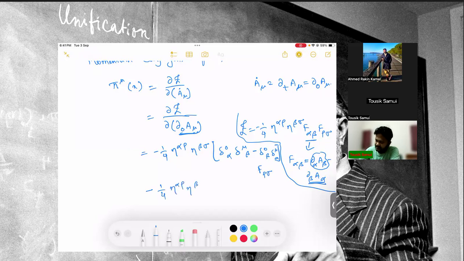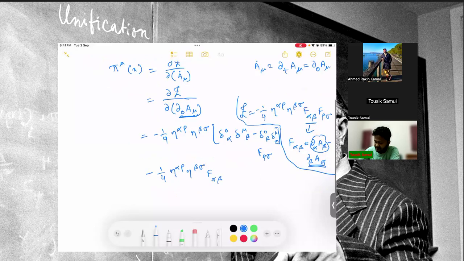Then it will be eta alpha rho eta beta sigma F alpha beta, but now the derivative will go into the second term. So it will be delta 0 rho delta mu sigma minus delta 0 sigma delta mu rho. Okay, so this is simple.